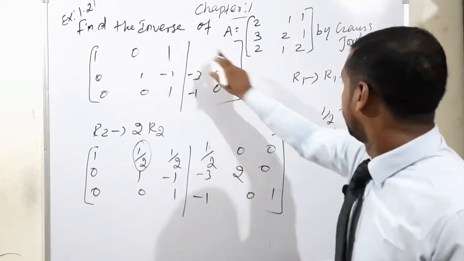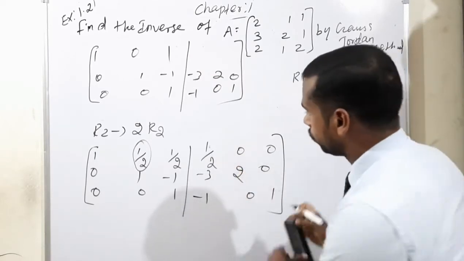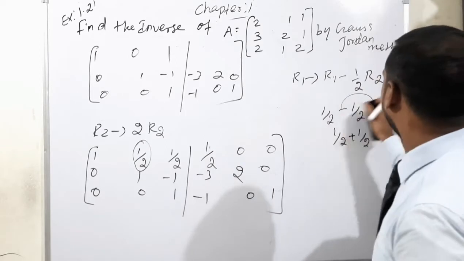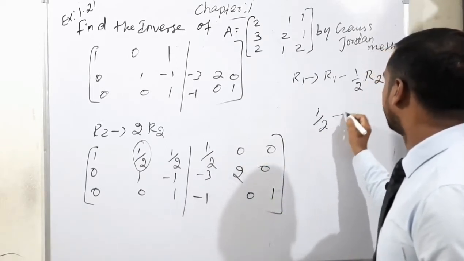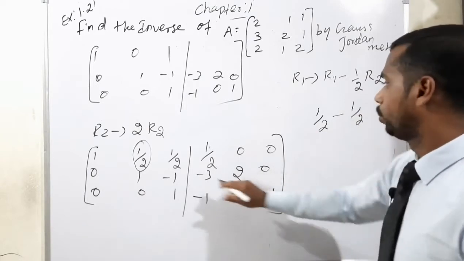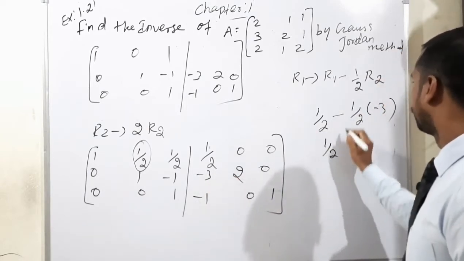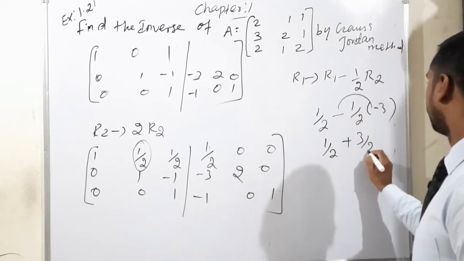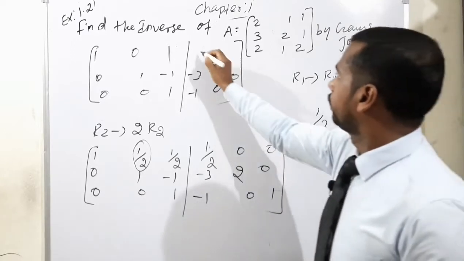Next condition we have to look at very carefully because there is an opposite term, no? 1 by 2 is there, only R1 changes, isn't it? R1 value 1 by 2 minus 1 by 2 into minus 3, so minus into minus, plus 3 by 2. Again 1 plus 3 means 4 by 2, so the value will be 2.